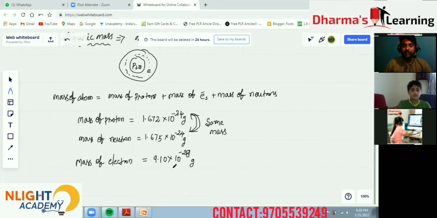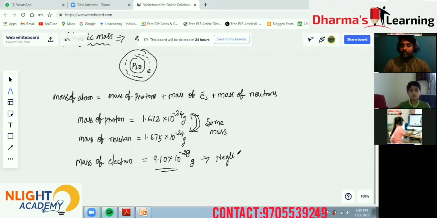Look at here. If you compare with this, you have got 4 more zeros extra after the point. So that's too small compared to them. That's why we say that the electron's mass is negligible.